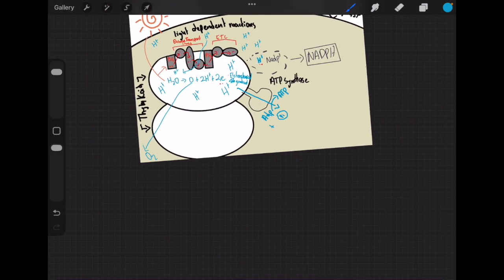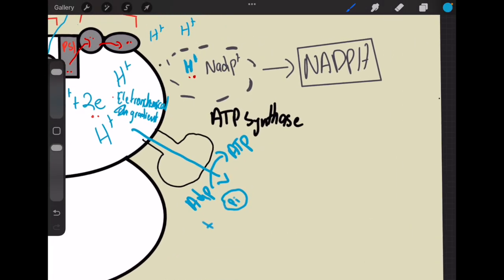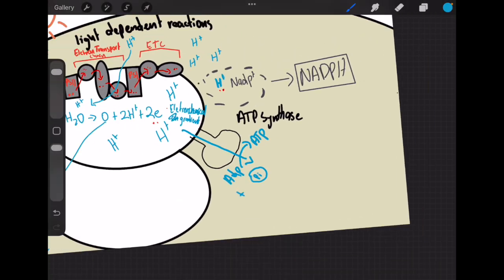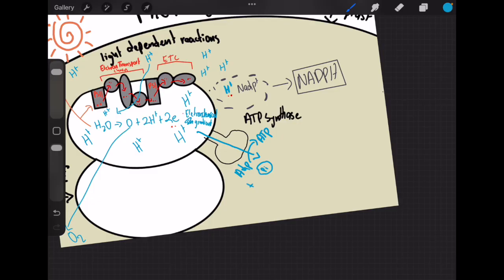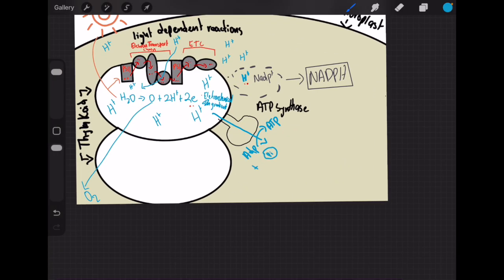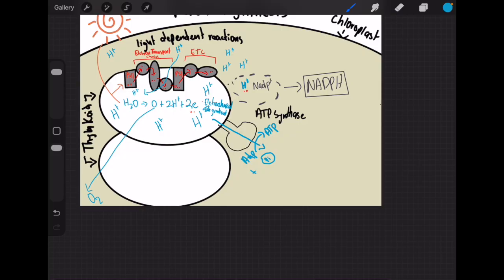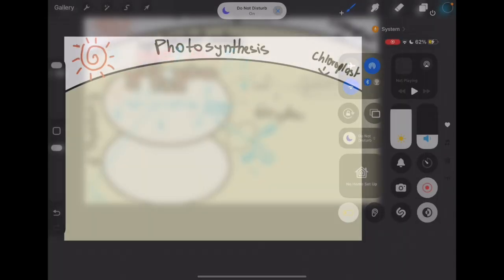So now we're creating ATP that will be used for our Calvin cycle, and we've also created NADPH, okay? And oxygen. So that's the first part of photosynthesis.